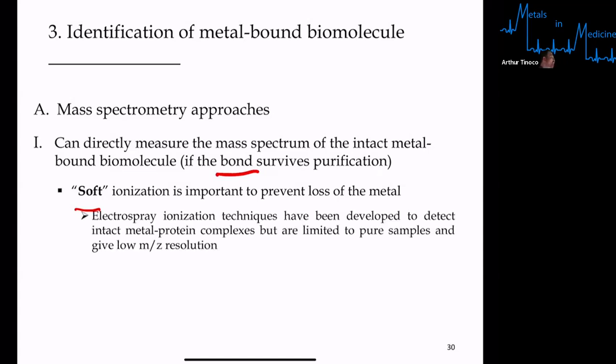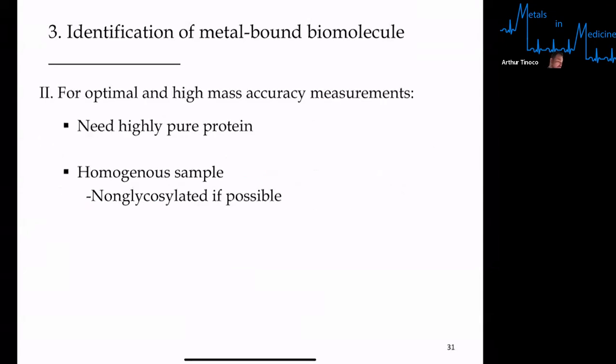A classical technique for preserving a metal bond is electrospray ionization. That's one of the ones typically used because you want to try to preserve those metal interactions. And I'm going to give you an example of where it's been applied, for instance, to gauge metal-protein interactions.